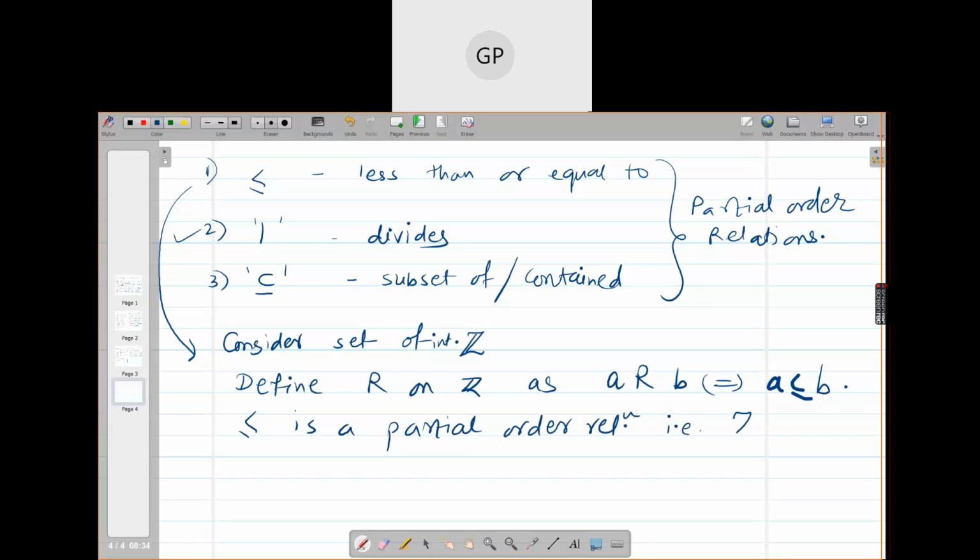That is Z comma less equal is a poset. ये तो हमें पता है.